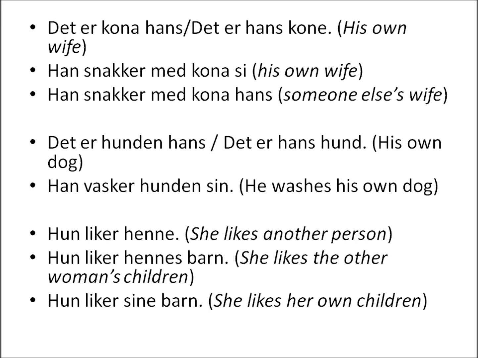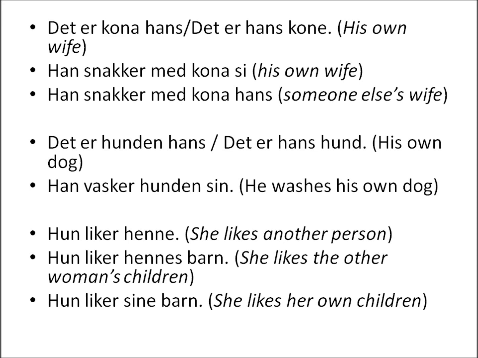Han snakker med kona si. Now here we will not say han snakker med kona hans. If you have to say he speaks to his own wife, we will say han snakker med kona si. And if we say han snakker med kona hans, it means he is speaking to someone else's wife.